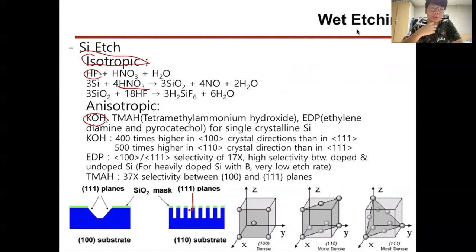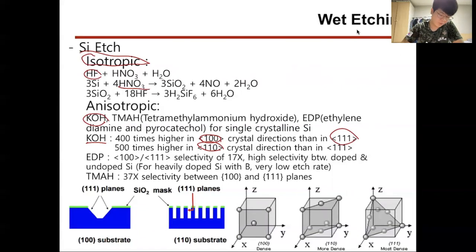Those materials use the difference of etch rate in crystal orientations. Like here, the KOH has a 400 times higher etch rate compared to the 111 plane.